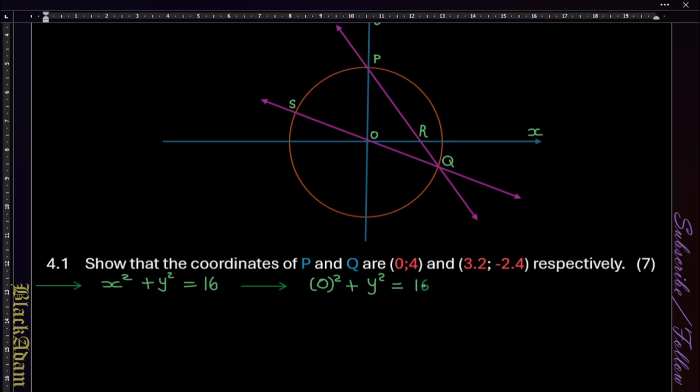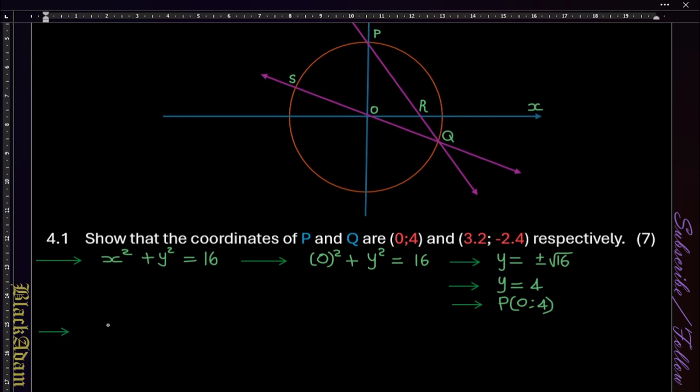So that's for P. We have to solve for y to get P. So y is plus or minus root 16, and root 16 is 4. We take the positive part because it's between quadrant 1 and 2, so it's positive, above the x-axis.